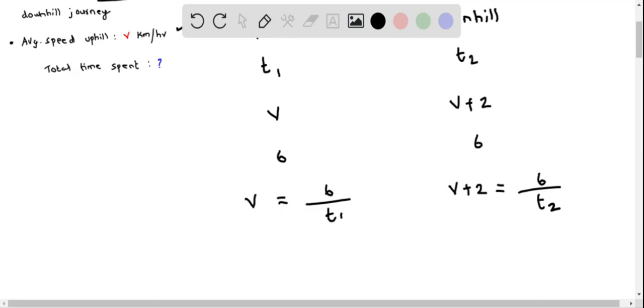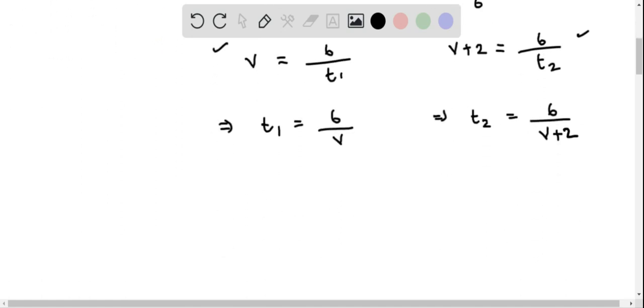Since we want to find the total time, using this equation we solve for t1, which gives t1 equals 6 divided by v. Similarly, using the other equation, t2 equals 6 divided by v plus 2.